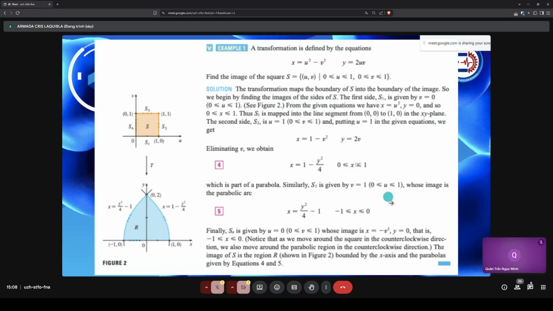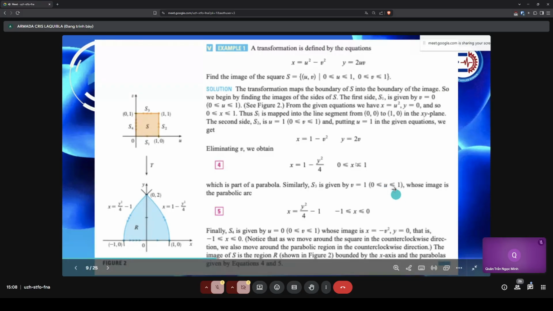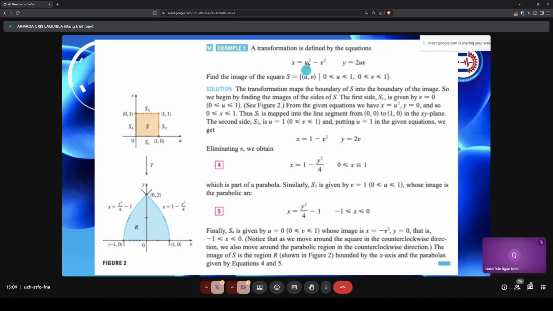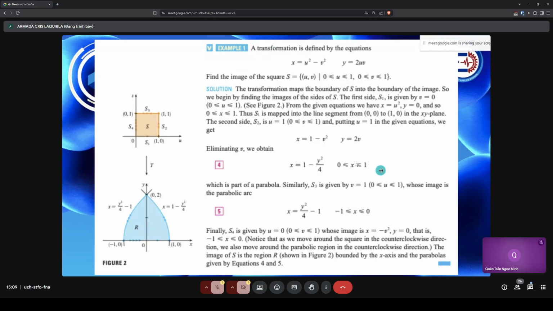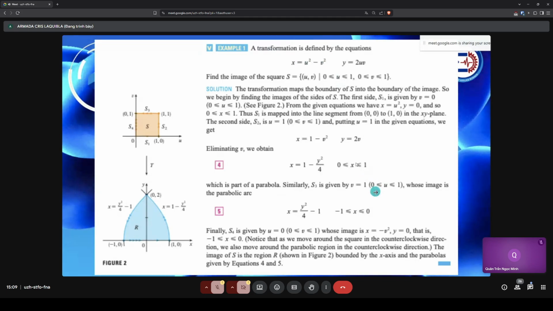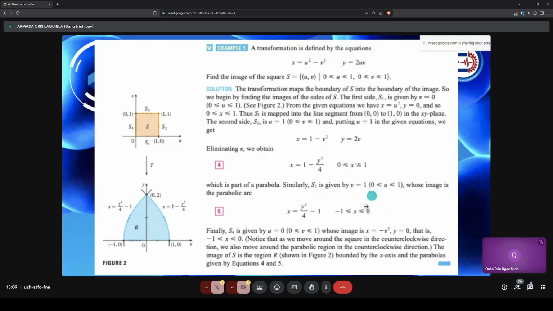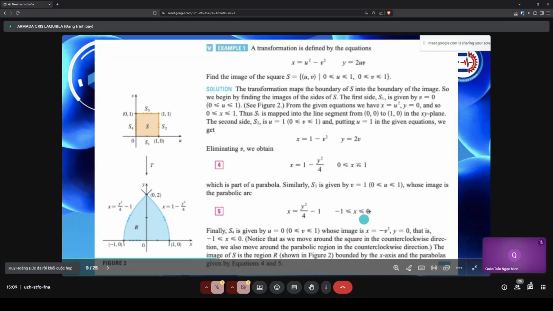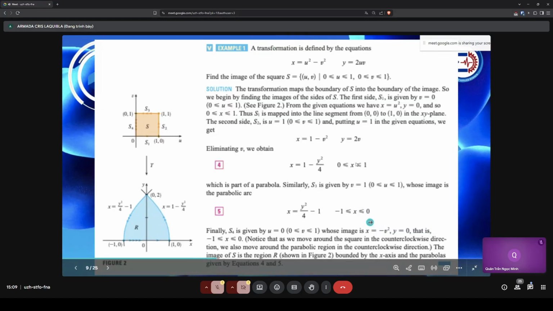Now, the value of your u there is from 0 to 1, right? You substitute it here when you square it. Your v there is 1, so minus 1, you substitute it there. The values of your x now, class, are between negative 1 to 0. Correct?